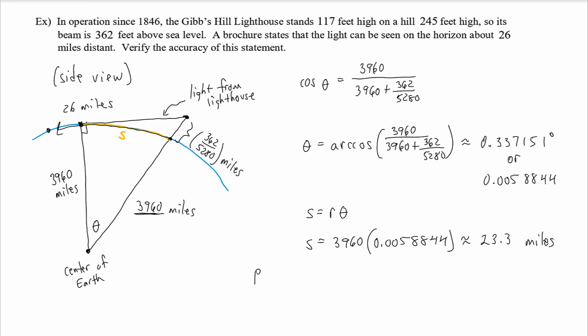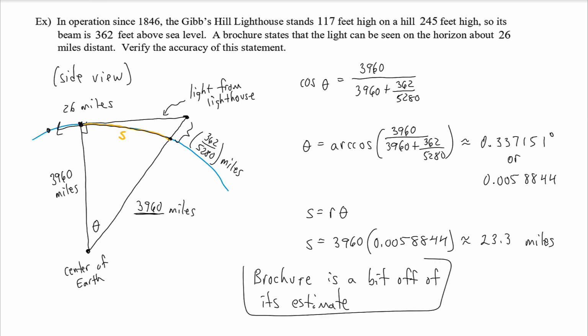So the brochure is a bit off. I don't know if they're trying to lie or deceive, but this estimate's not very good. Turns out you're not going to be able to see that light much past 23 miles away from that lighthouse.